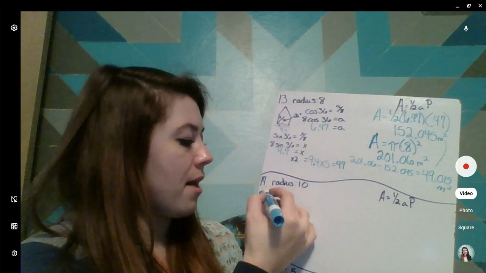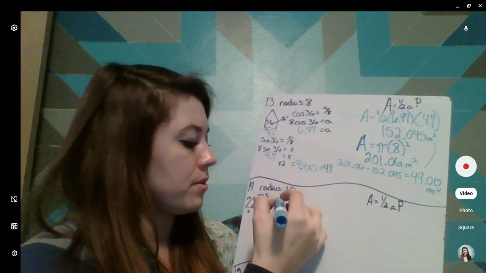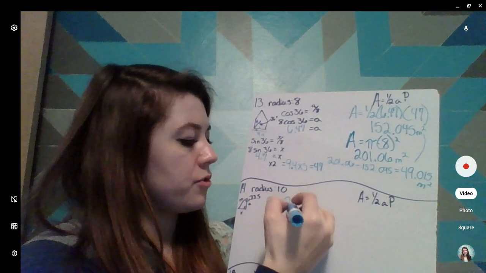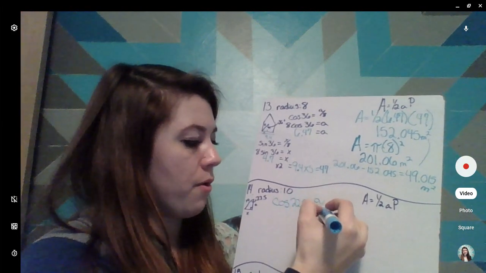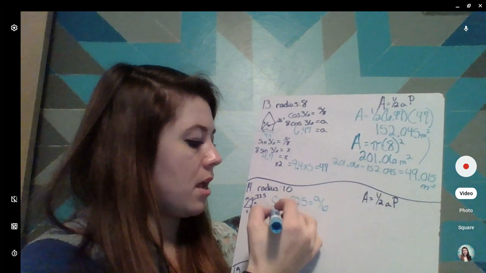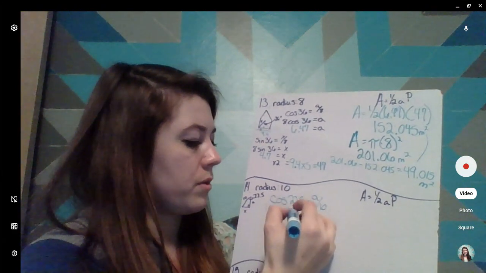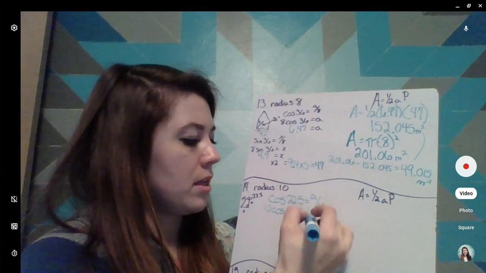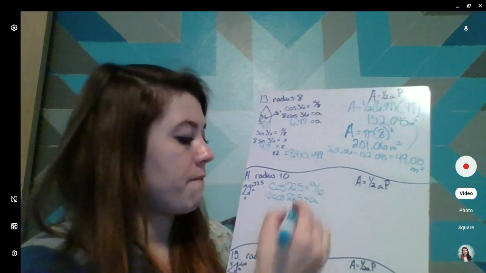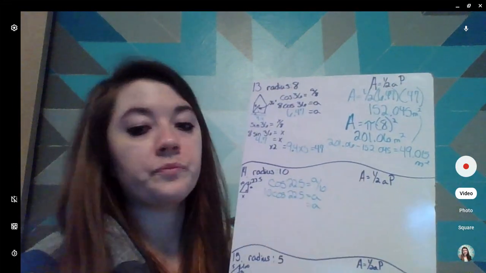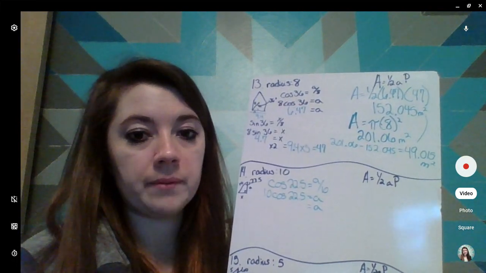So finding the apothem, adjacent, and hypotenuse, it's going to be cosine of 22.5 equals apothem over 10. So 10 cosine 22.5 equals the apothem. You're going to plug that into your calculator and find out what that is. I'm not doing it for you.